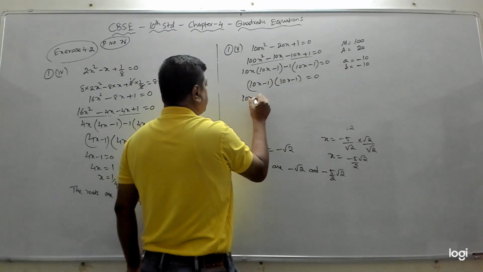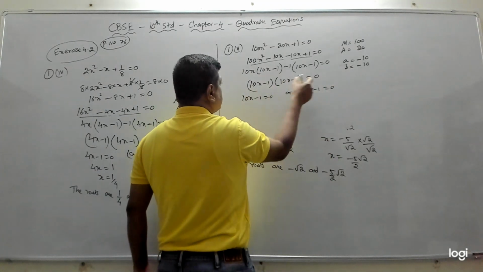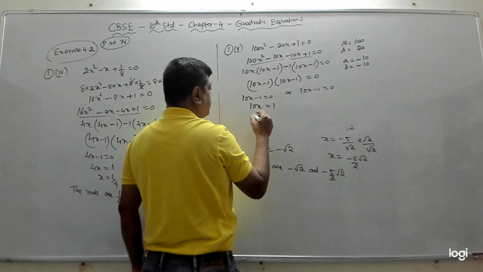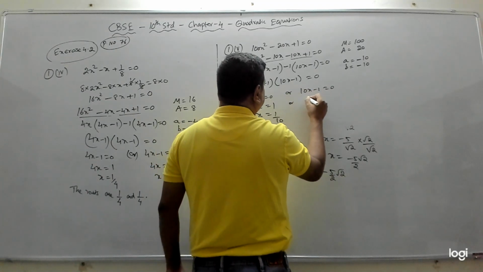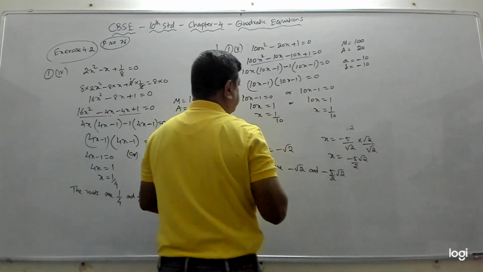So therefore 10x minus 1 equal to 0 or 10x minus 1 equal to 0. Which means 10x is equal to 1, minus 1 goes here, it will become plus 1. So x is equal to 1 by 10, or here again 10x is equal to 1, x is equal to 1 by 10.